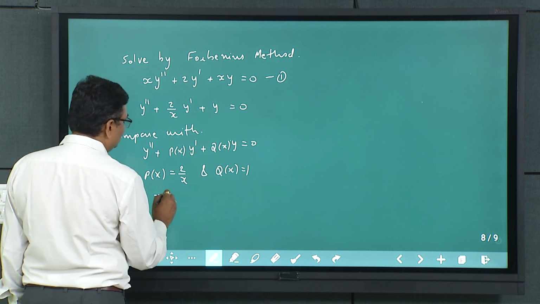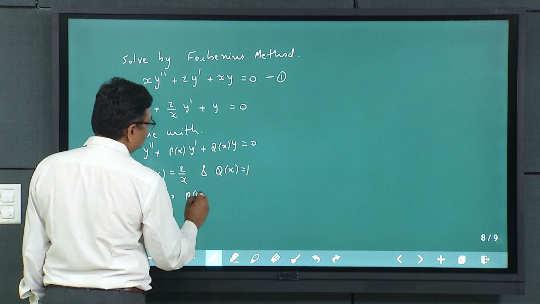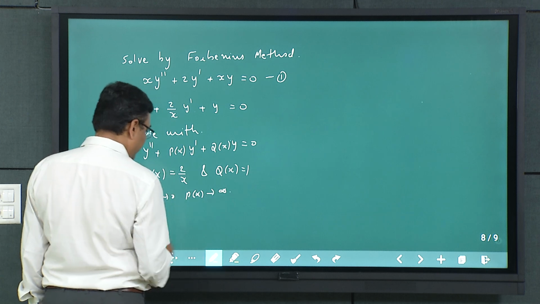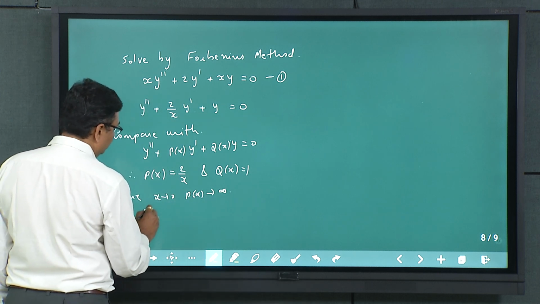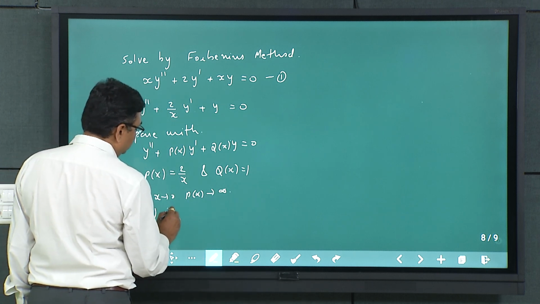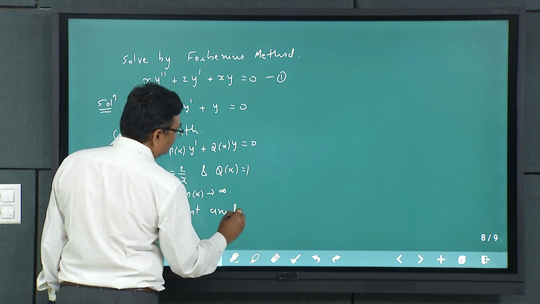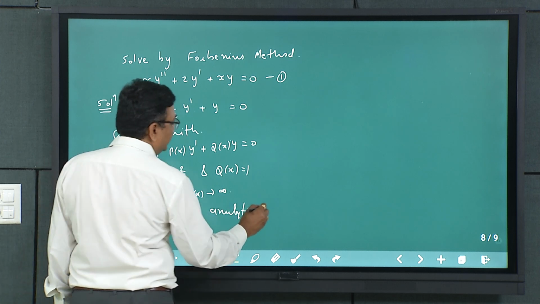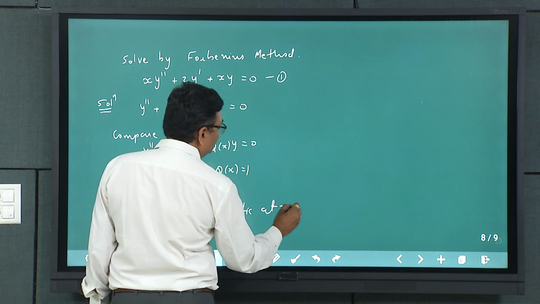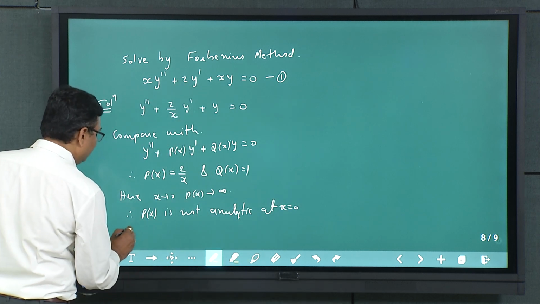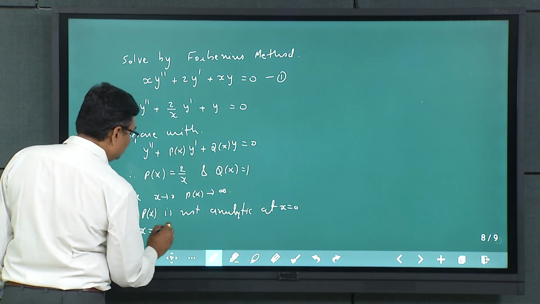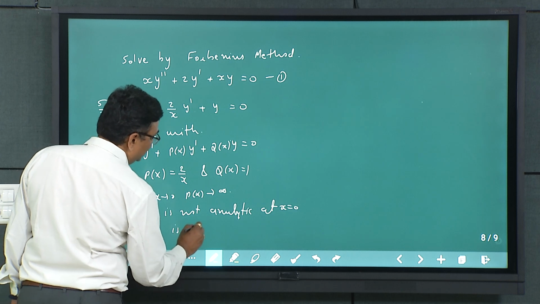Here when x tends to 0, p of x tends to infinity, and therefore, p of x is not analytic at x is equal to 0, and therefore, x is equal to 0 is a singular point.